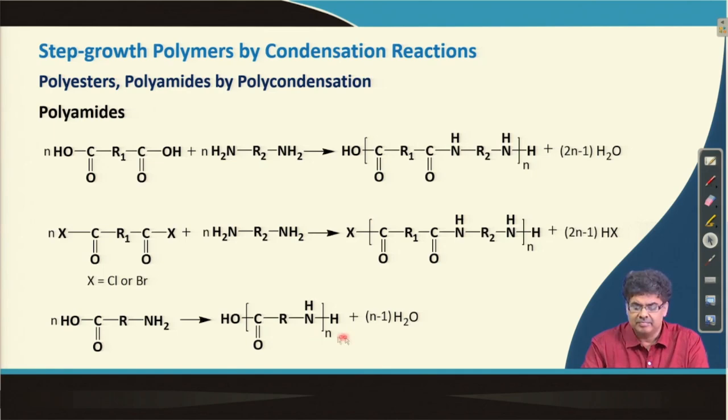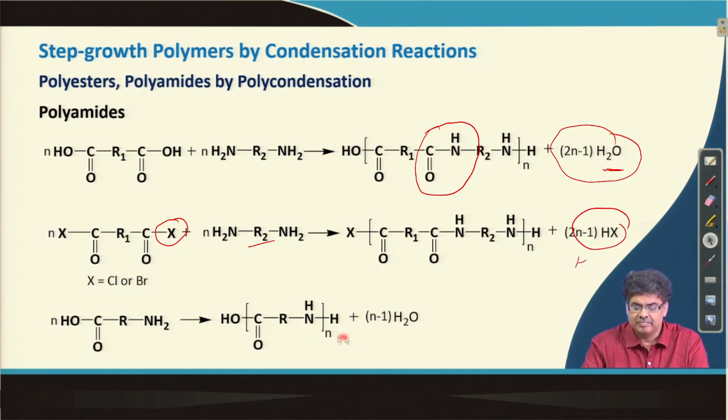Okay, here these are examples of polyamide. The amide CO and NH bond is forming here. So simply it is a condensation reaction only. You are also able to find some byproduct. Here we find H2O, but where X, a halogen, is present, reacting with the diamine it will form HX.